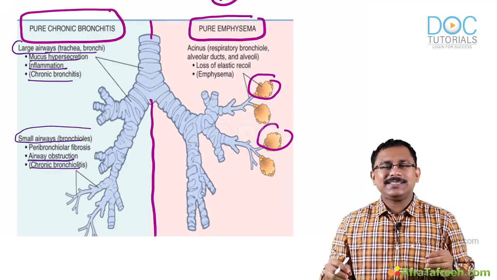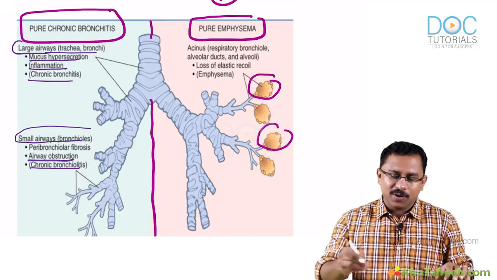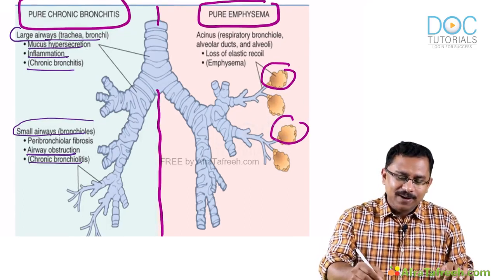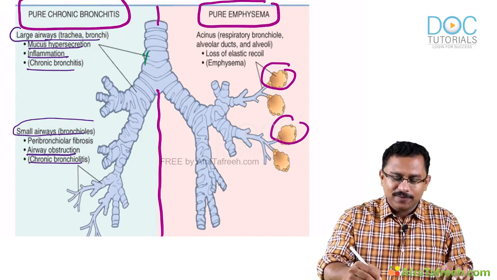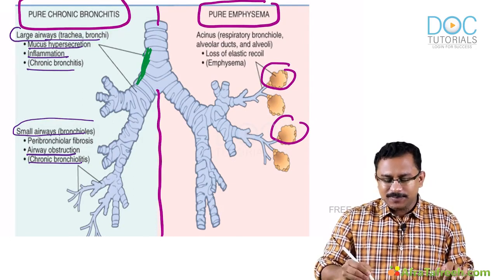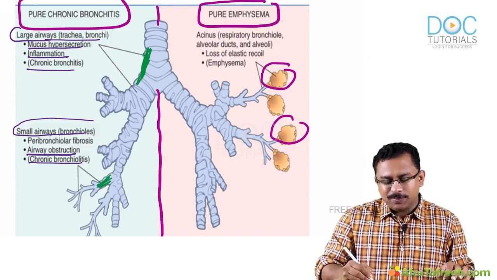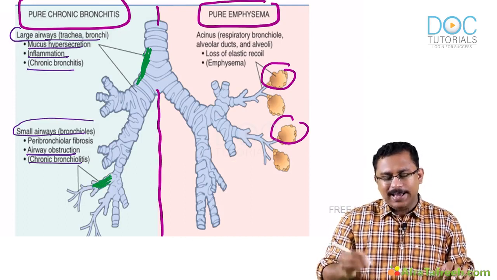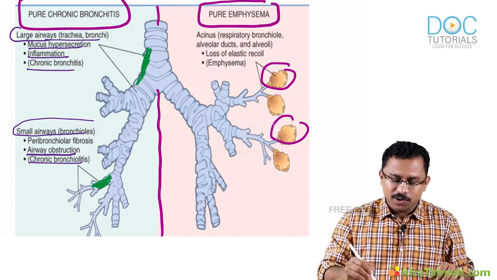So in chronic bronchitis, you will have this mucus plugging. The inflammatory mucus will be plugging these airways, and sometimes even the smaller airways, at the level of the bronchioles.